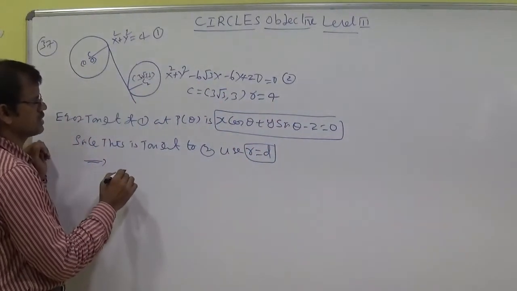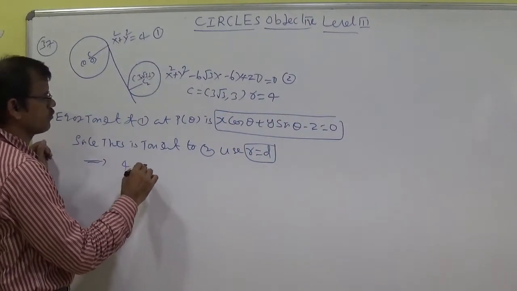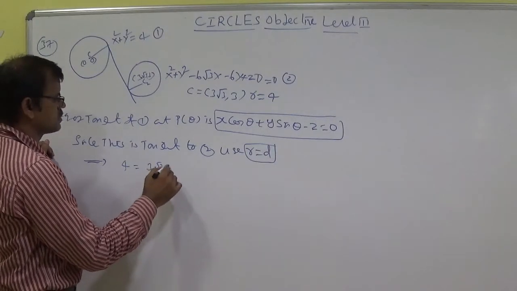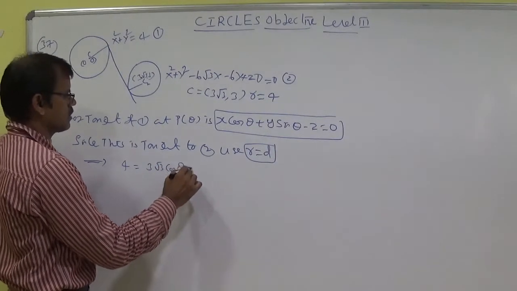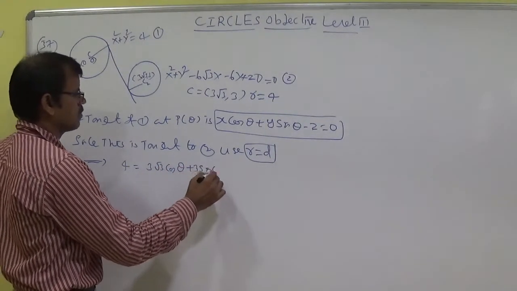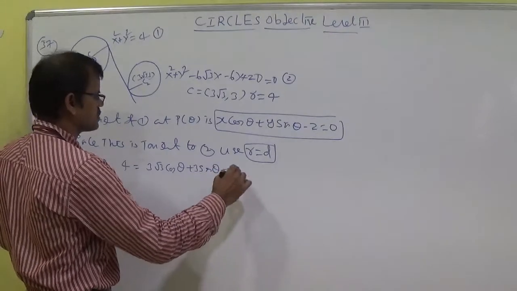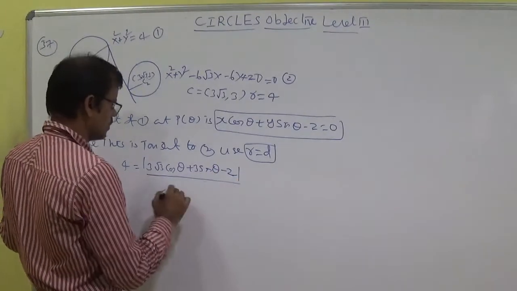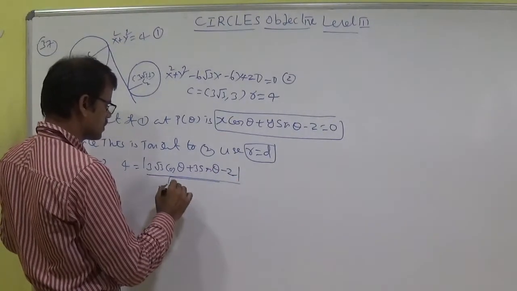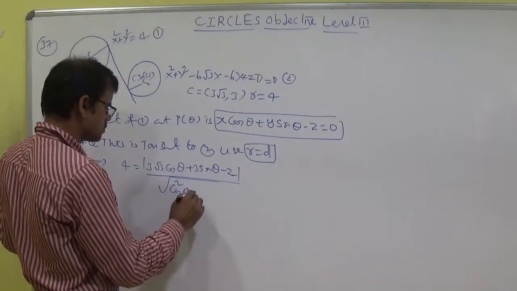So using r is equal to d, r is 4 and d is modulus of 3 root 3 cos theta plus 3 sin theta minus 2 over root of cos square theta plus sin square theta. This is 1.